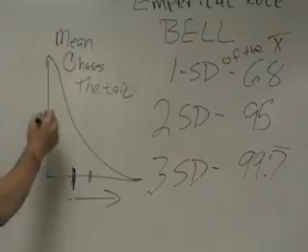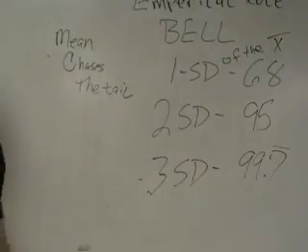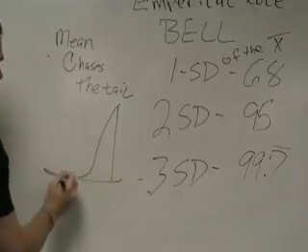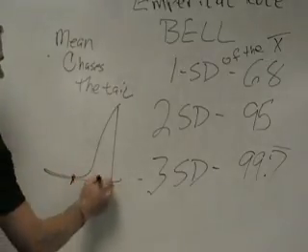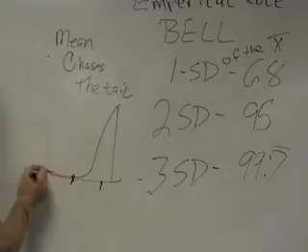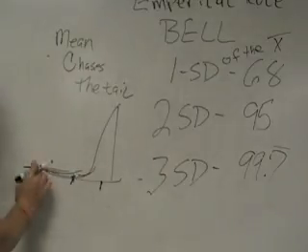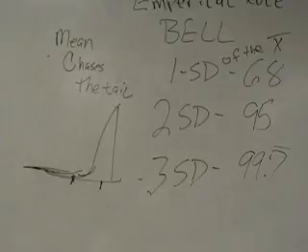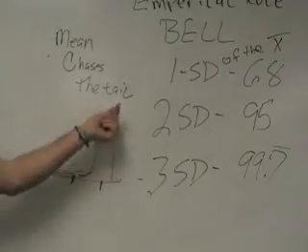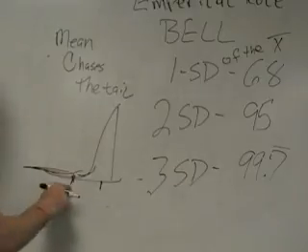Conversely, if you find that the mean is left of your median, you would know that the distribution is skewed left. Because the mean goes with those outliers. The mean is heavily affected by outliers. The median will always be in the middle. But the mean is the balancing point. It's the fulcrum on your teeter-totter.